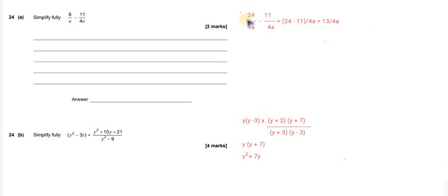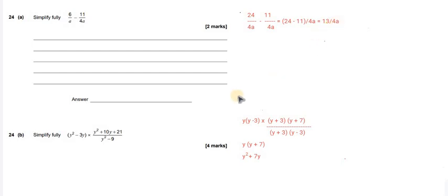So 24 over 4a is the same as 6 over a, minus 11 over 4a. Same bottom expression, so we just subtract the top, 24 minus 11, that's 13, all over 4a. So that's just 13 over 4a.